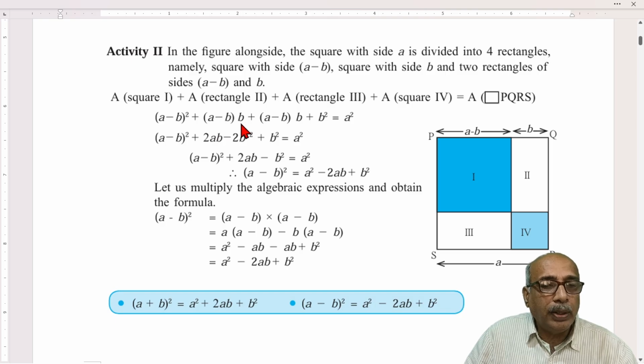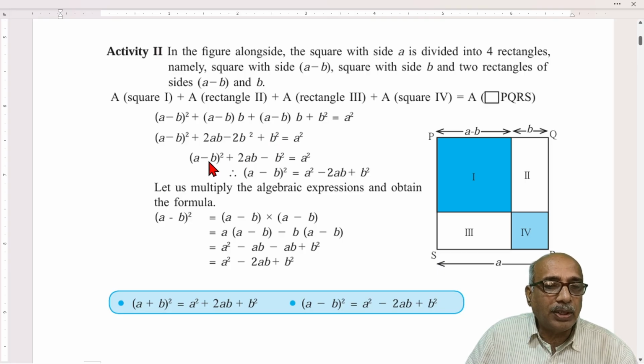a into b minus b square, and a into b, here the direct step is taken, a into b again minus b square. So here minus twice b square plus twice ab is taken directly, and b square is left here only. Expansion of these two and simplification is done in this step, equals a square.